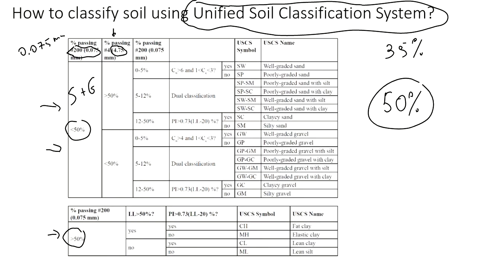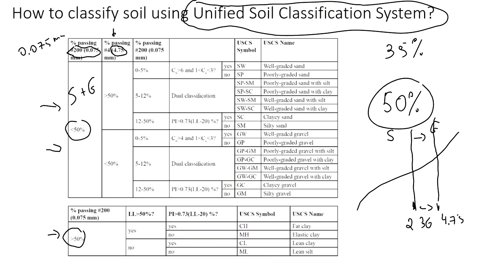So if, let's say, the curve was like this, and we have the 2.36 boundary, and we were saying everything here will be gravel and here will be sand. In this case, we're going to move the boundary to 4.75. Everything here on the right is going to be gravel, but from here it's going to be sand.